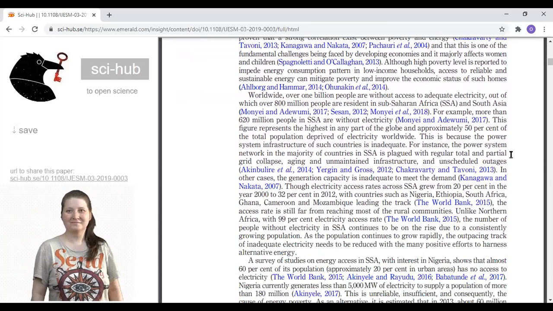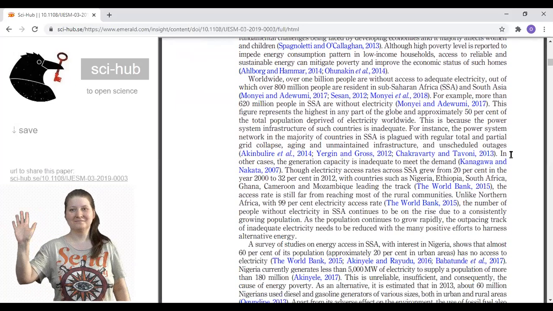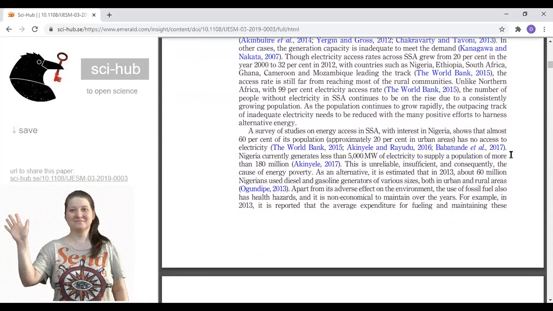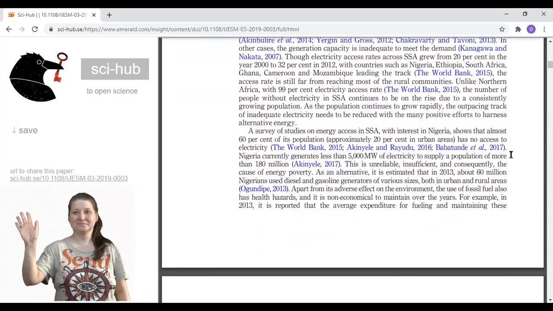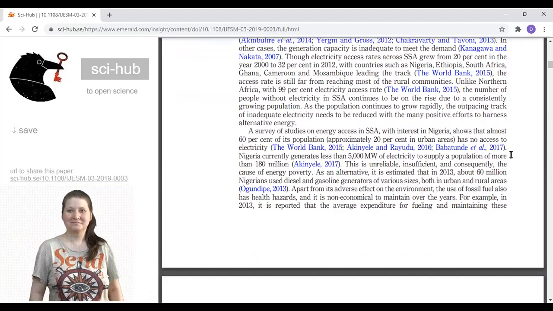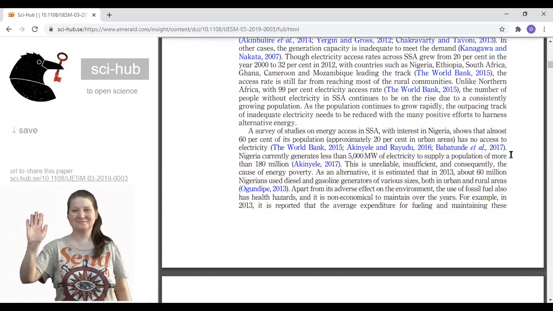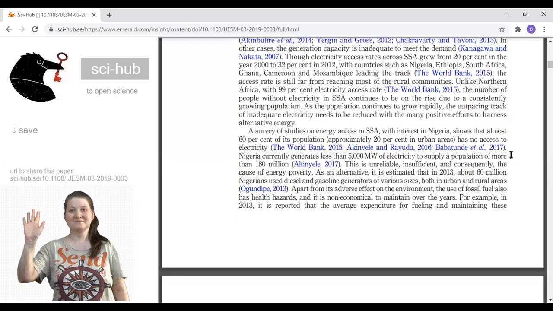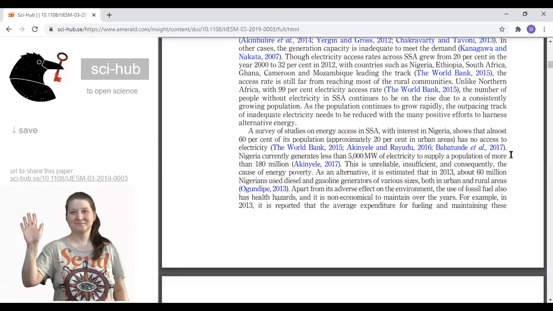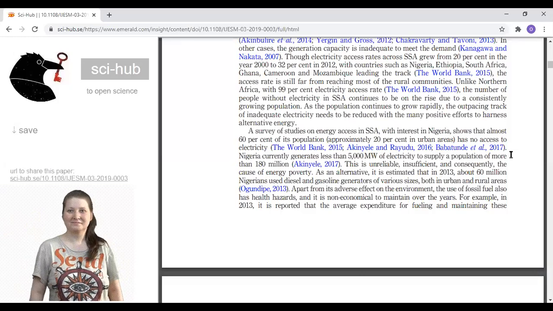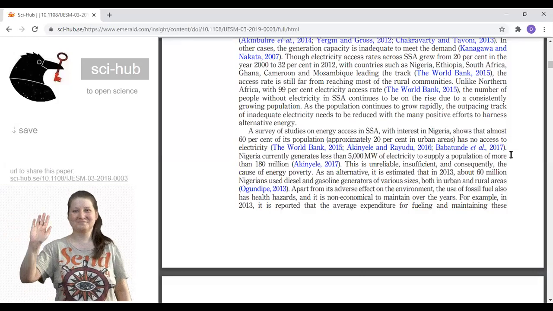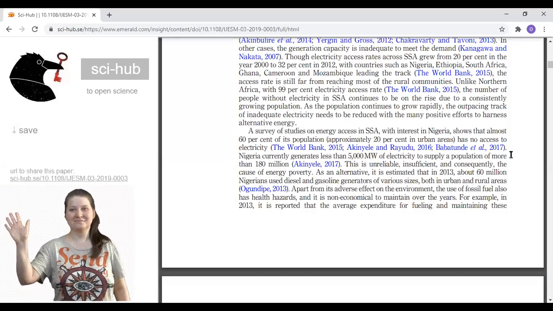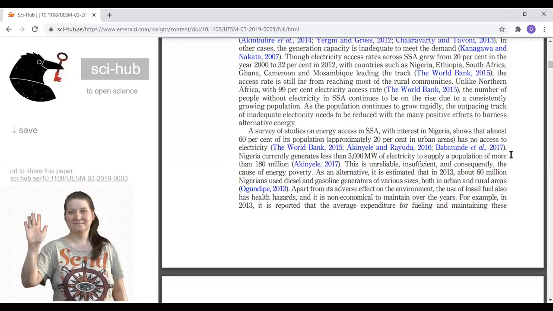Then it narrows down to sub-Saharan Africa, as I said the other time, with specific interest in Nigeria. The figures in Nigeria too were thrown out and cited. Then the problem: this is unreliable, insufficient, and consequently the cause of energy poverty. Now you have been able to tell us, oh, I'm addressing energy poverty.